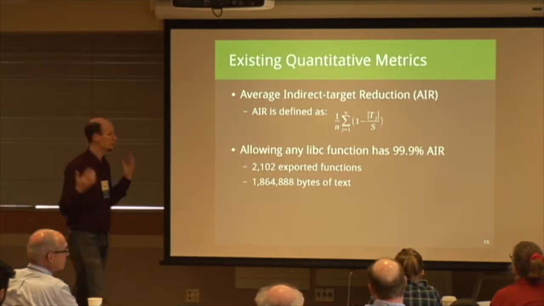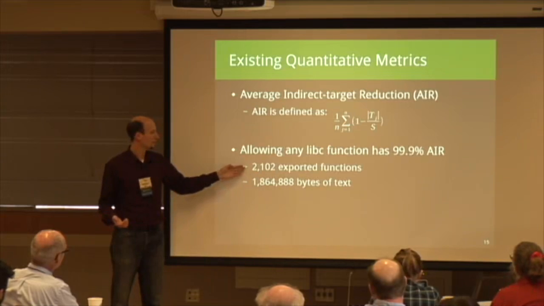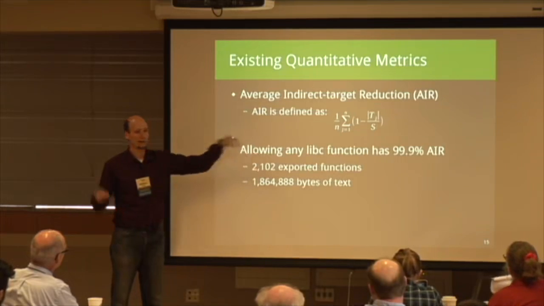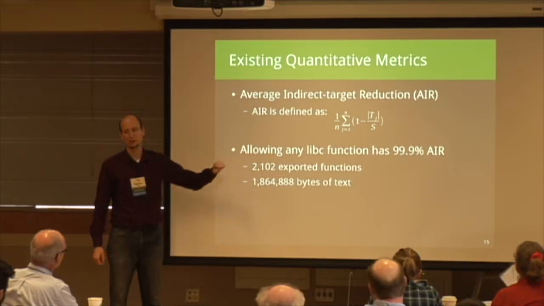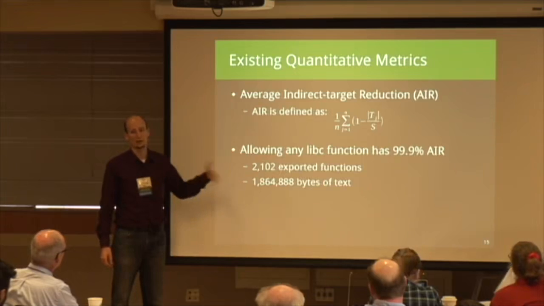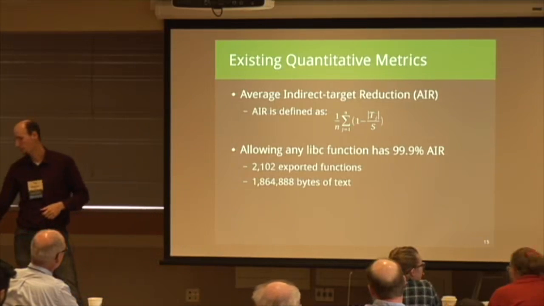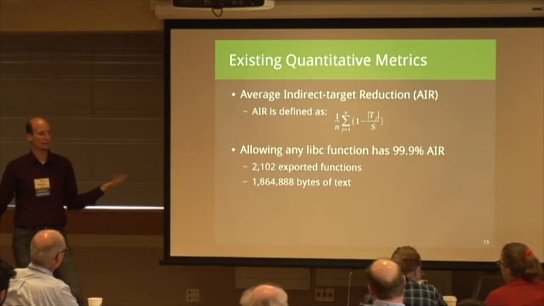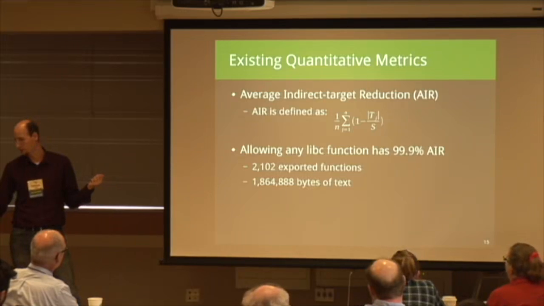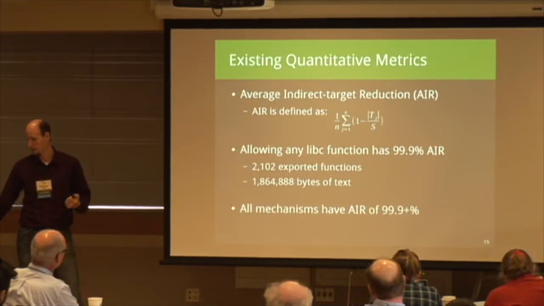If you think about it, with this metric, if you only look at libc, the standard library, and you allow any exported function to be reached, you already get a very high value, the old metric of 99.9%. And we have shown that such a CFI mechanism can still be exploited. There have been a set of Black Hat talks and other talks that showed that this was not powerful enough. So what we did is we actually tried to compare mechanisms on a more realistic scale.